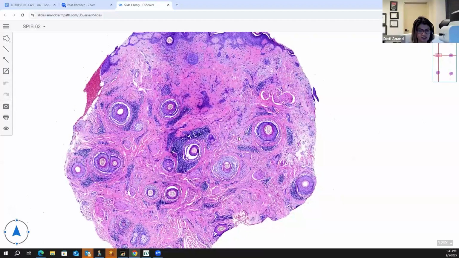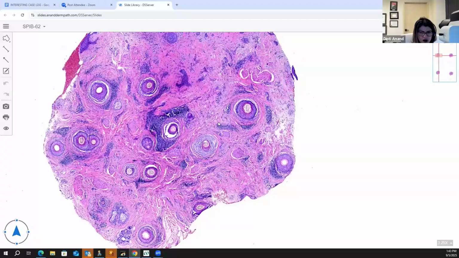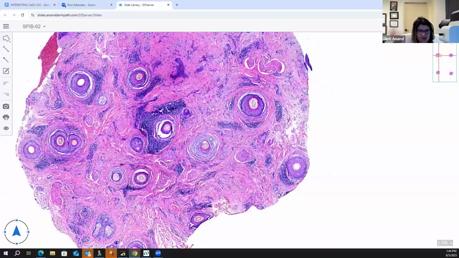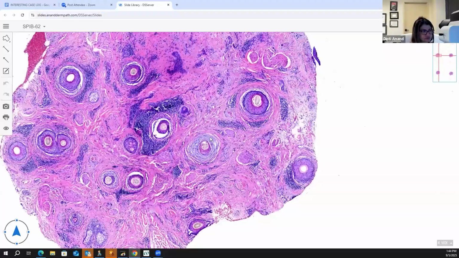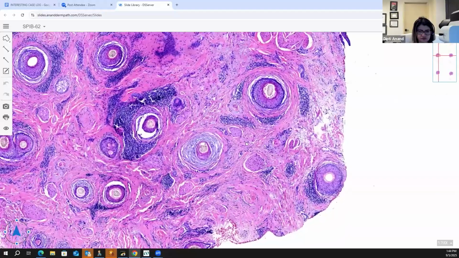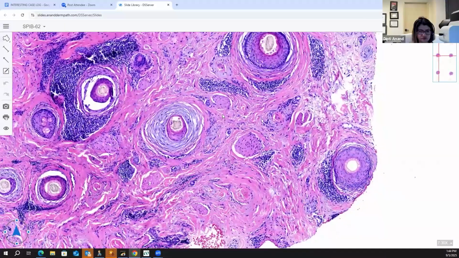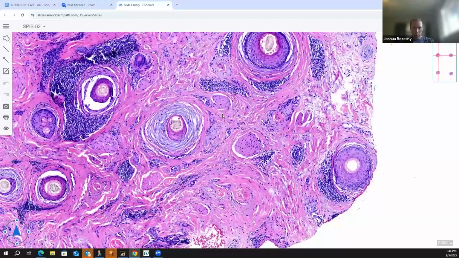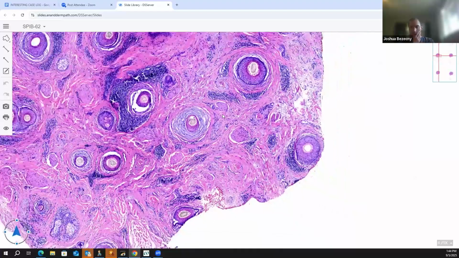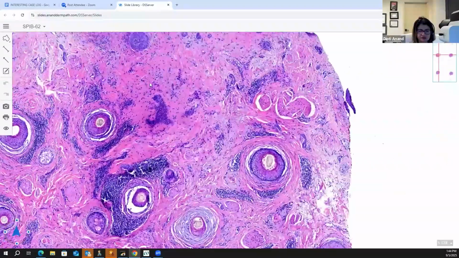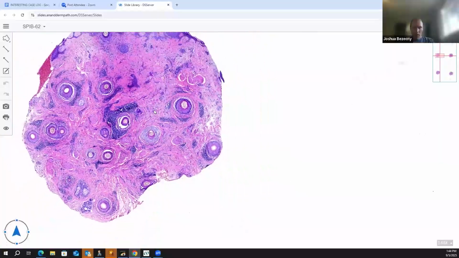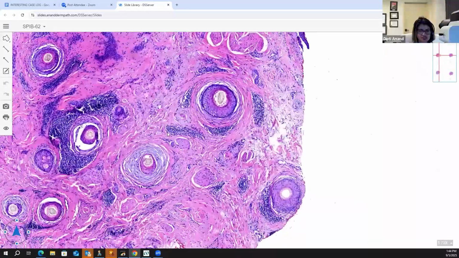What disease process are we dealing with, in the general category? Yeah, alopecia. Scarring or non-scarring? I'm going to say scarring. Scarring. So which one is it?